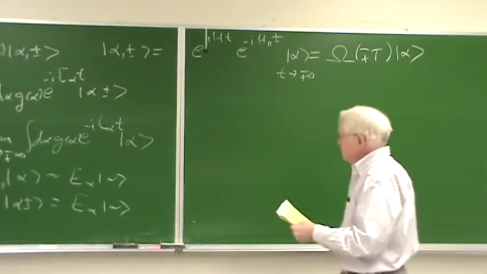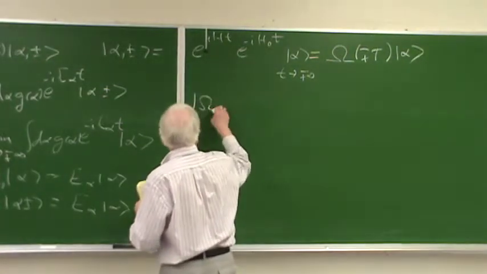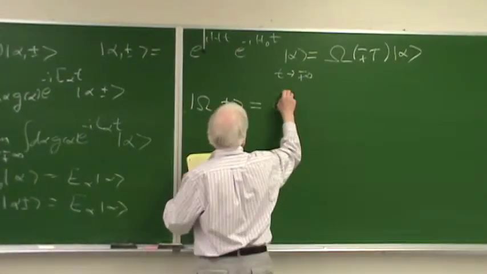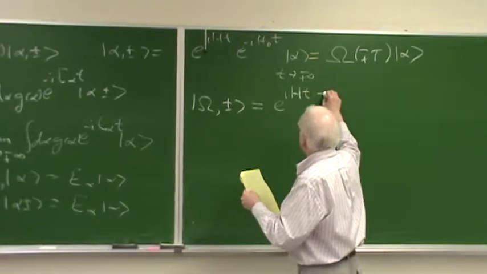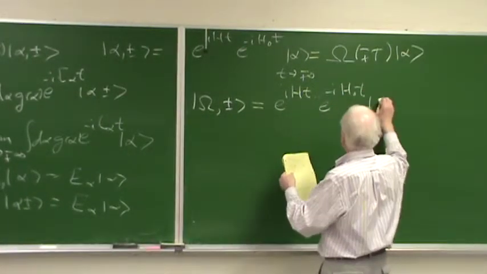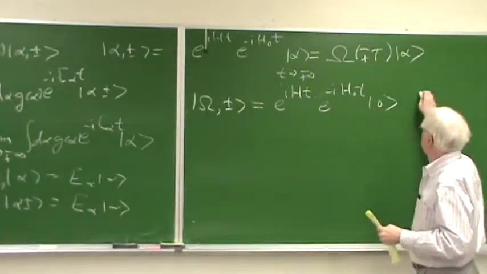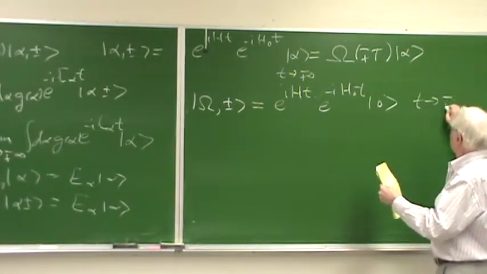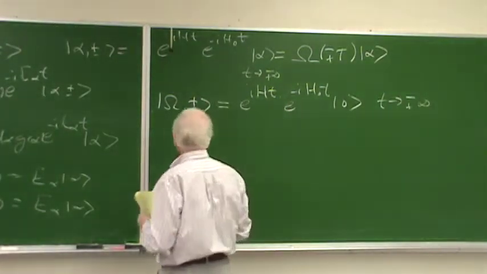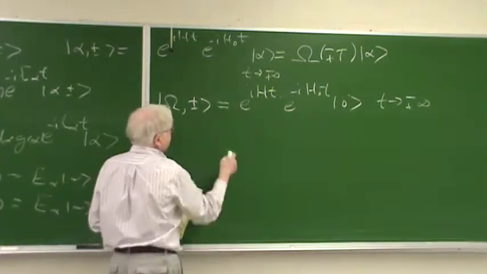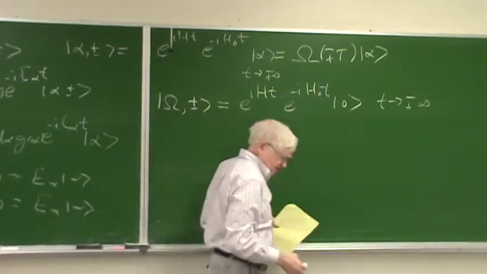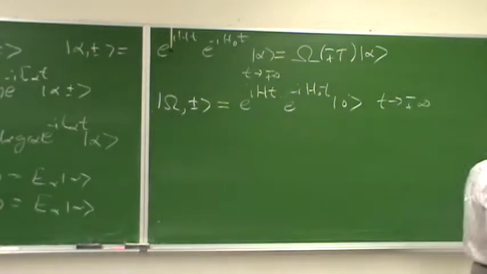Okay, so that means that the in and out vacuums of the interacting theory are e to the iHt, e to the minus iH0t, on that of the bare theory, again, as t goes to minus or plus infinity. And Schwartz has the same formula. He puts in an overall proportionality constant or phase factor there.